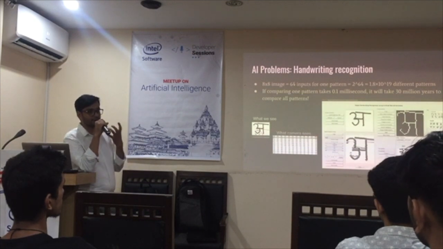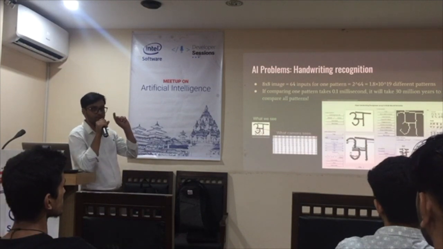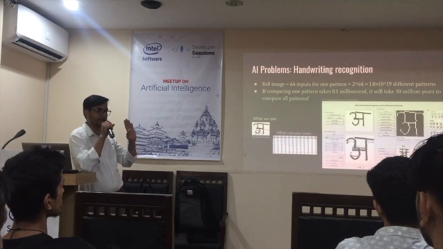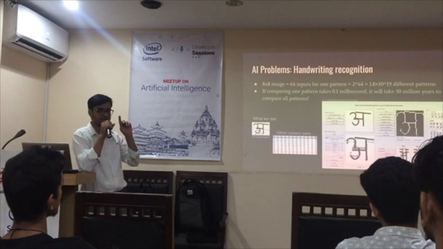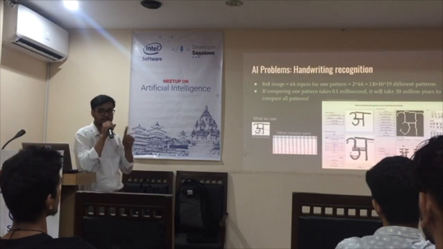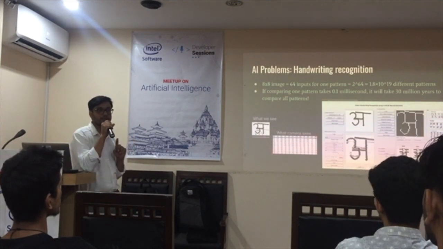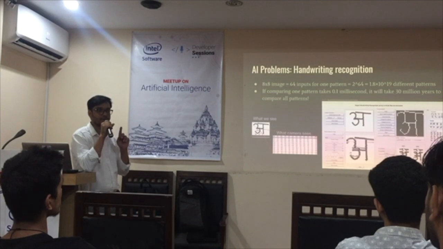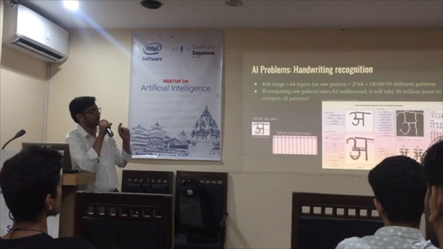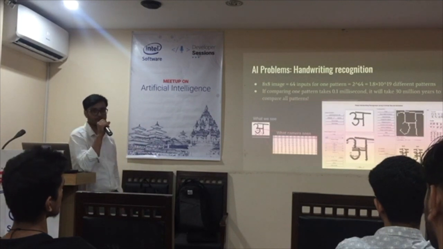So how can we get lots of data? You can see from here. If we take only an 8 by 8 black and white image, that has 64 representations, so 64 inputs are there. So a total of 2 to the power 64 different patterns can be represented with 64 inputs.